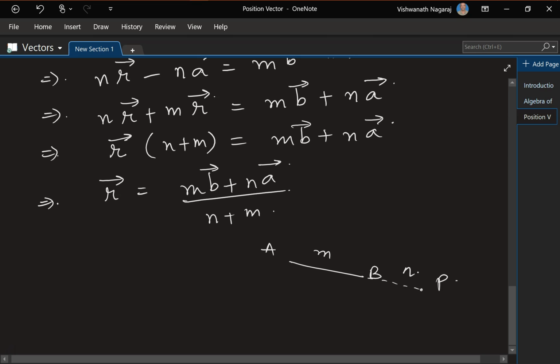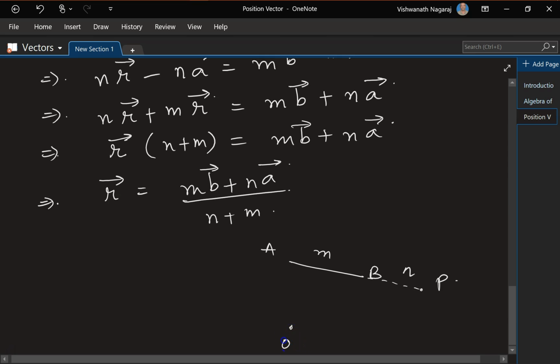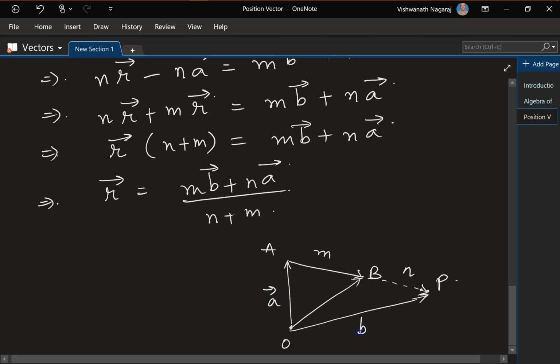From outside it divides in the ratio of m is to n. Again we would use a reference point, and this is how the diagram will look. This would be A, this would be B, this would be R.